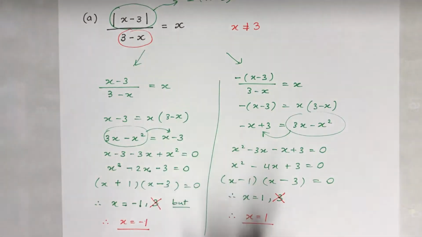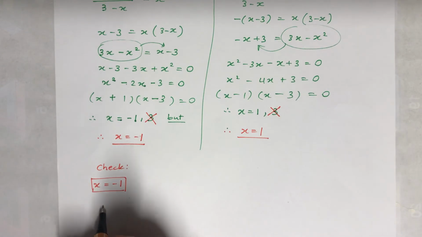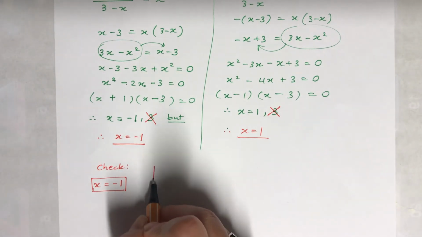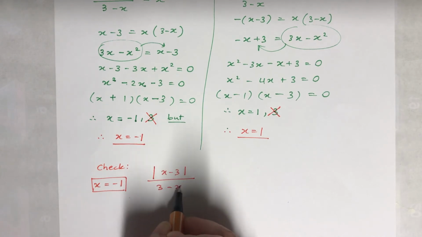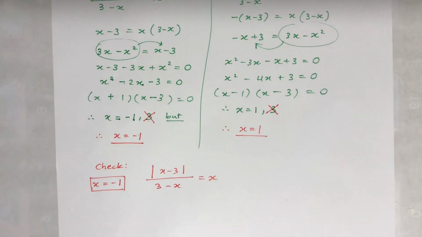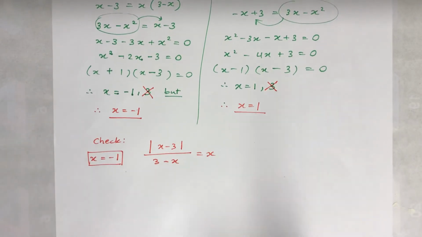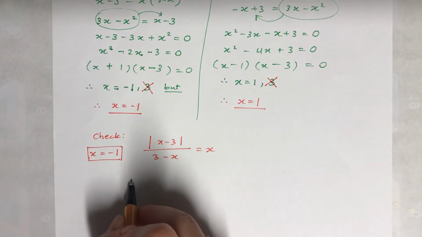I'm going to write it here, x minus 3, so I don't have to look up again. It has to satisfy. So I'm going to put minus 1 in there.